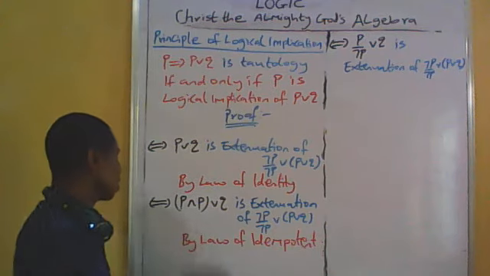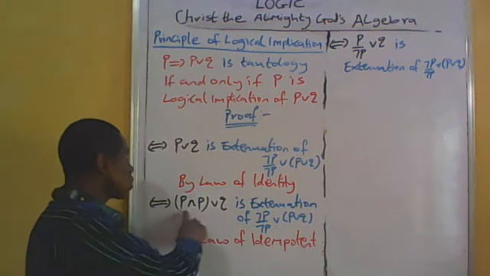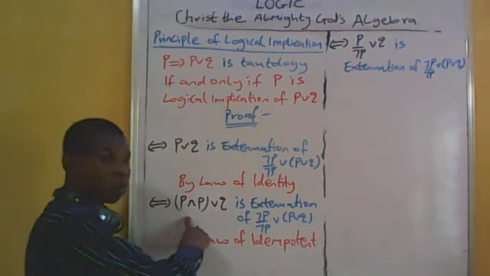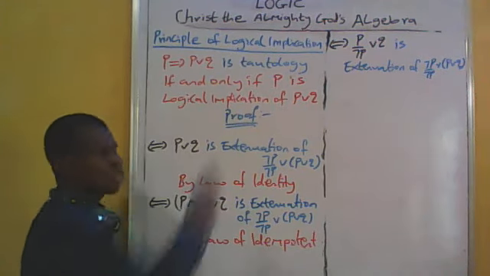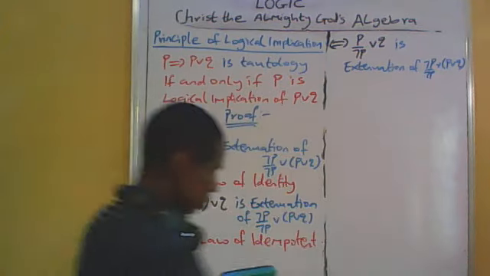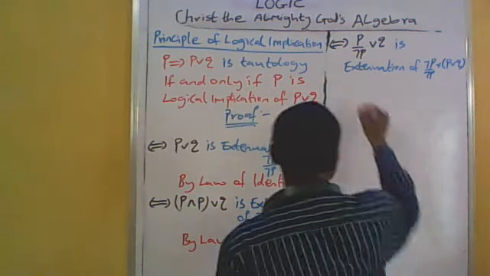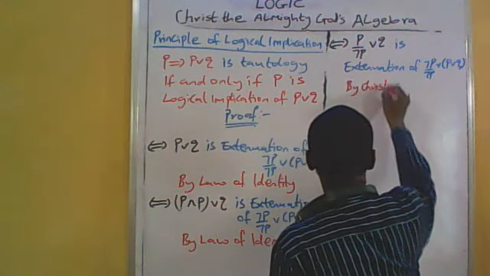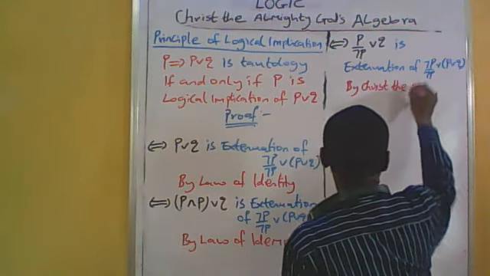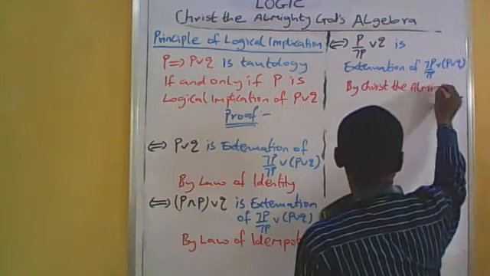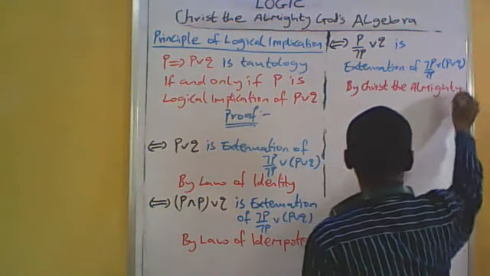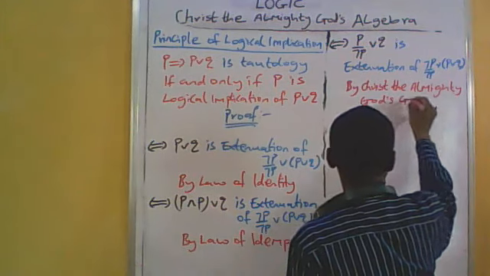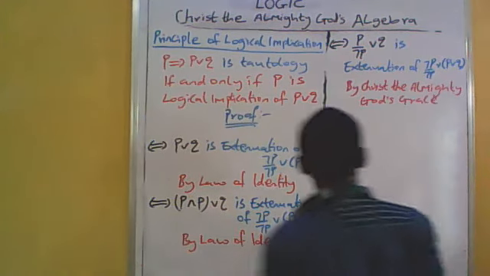It's through that Almighty God's grace that we transform this P and the P, that means this conjunctive statement, to conditional statement. So being justified by Christ the Almighty God's grace.